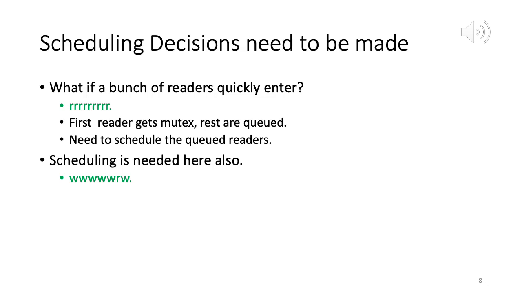While the mutex value is 0, keep on waiting. All of those will wait, and then eventually the first reader will release the lock. So now the question is, which among these waiting processes will the lock be given to? Again, a scheduling decision.